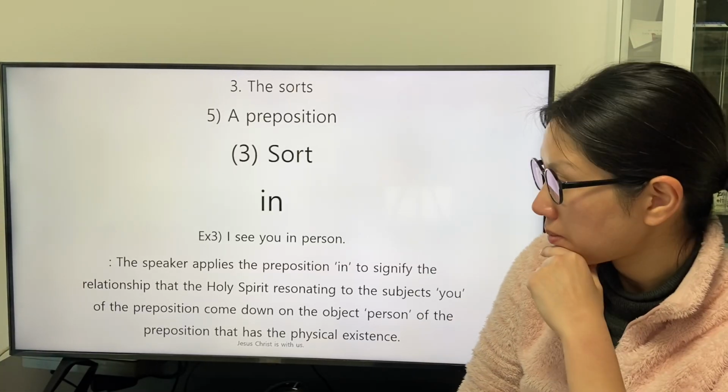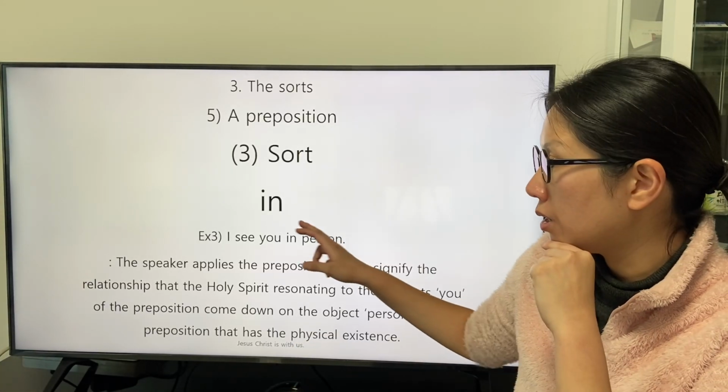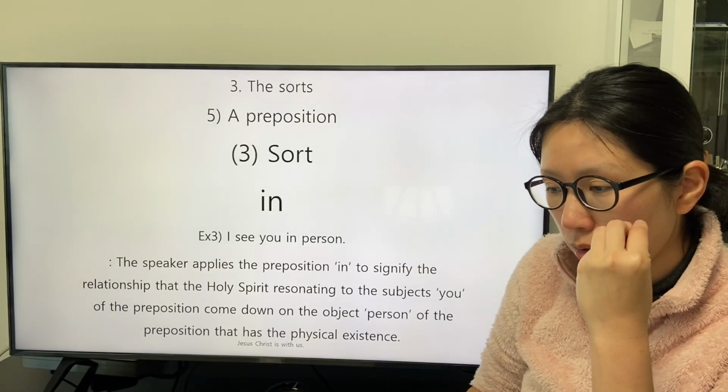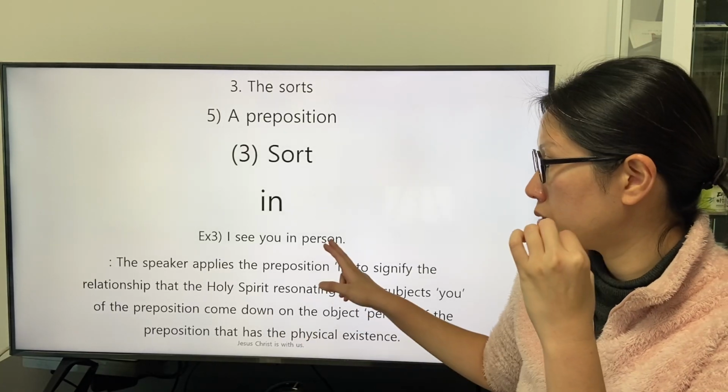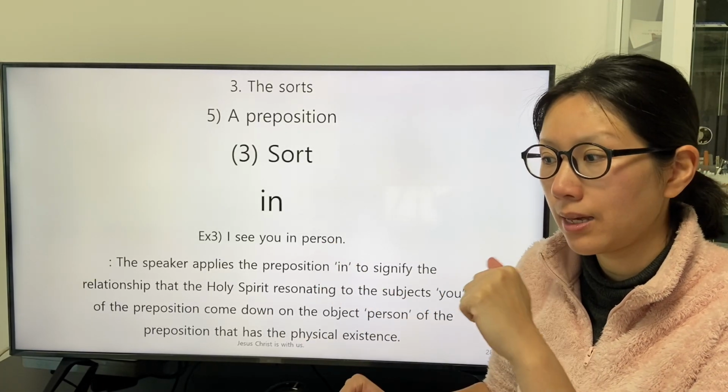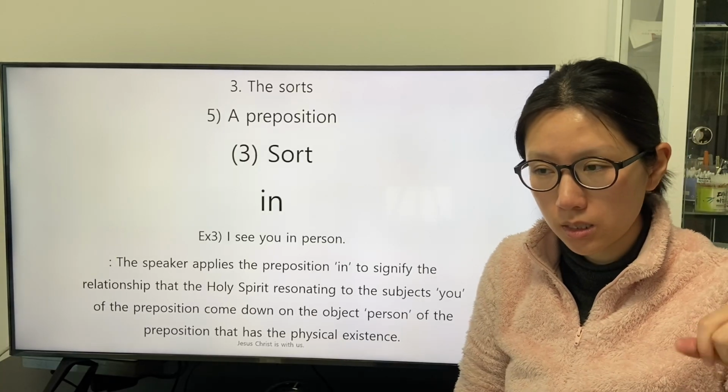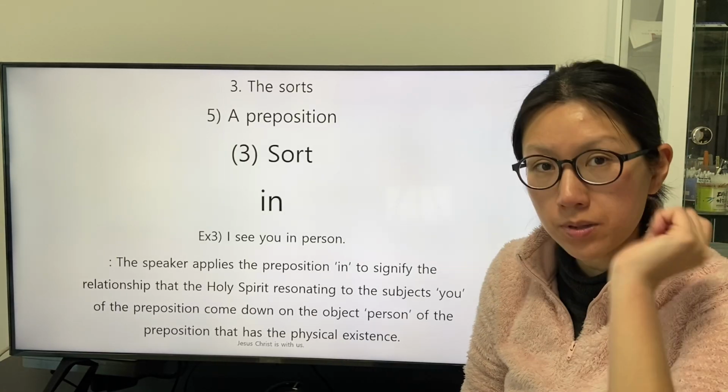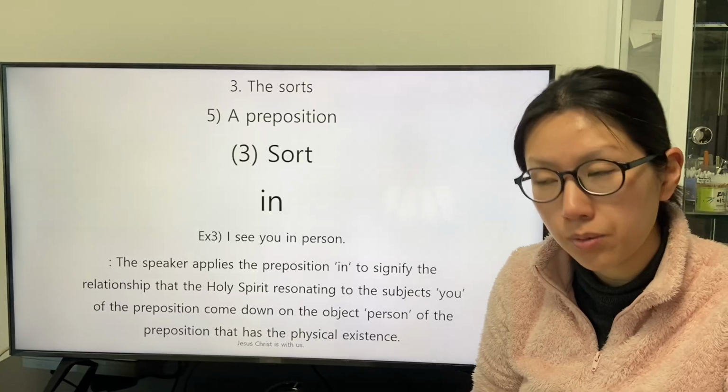However, we can understand that the general noun person is not described by a determiner.